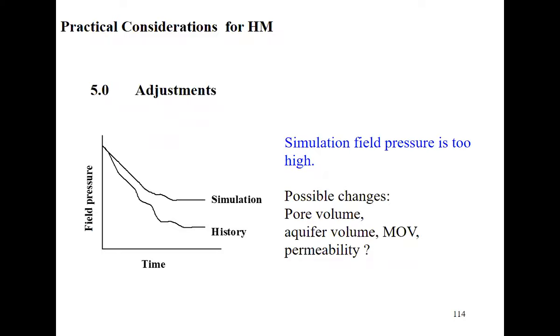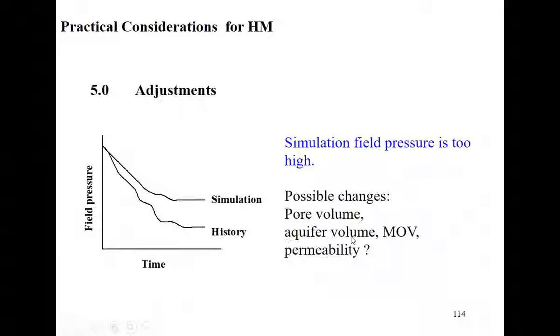Let's see some consideration. For example, in the history match, you have this line of history, it should be data points here, and you have simulation here. So your simulation field pressure is higher than history. What are the considerations you may see to adjust this? The possible modification we can do, we can increase the pore volume.